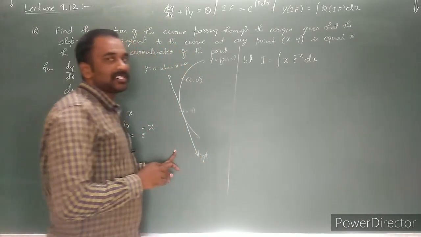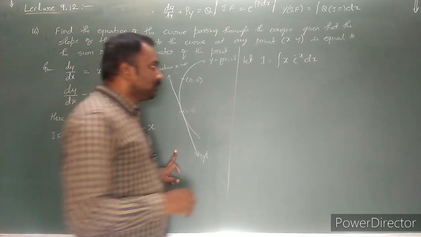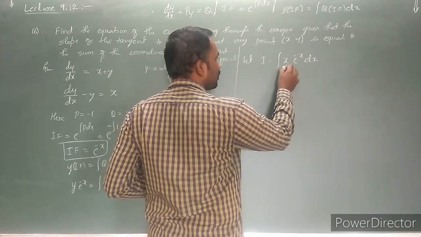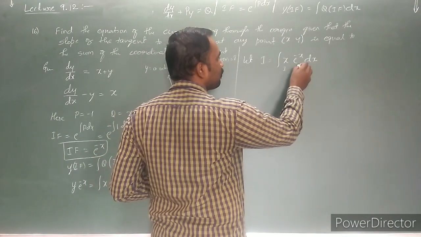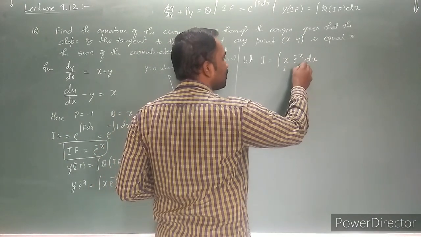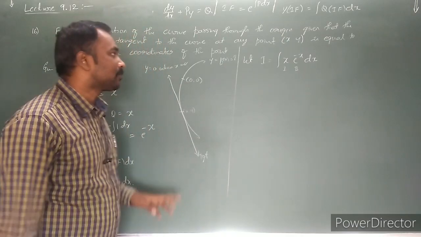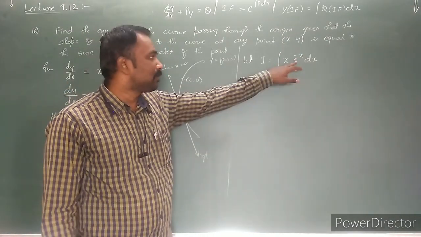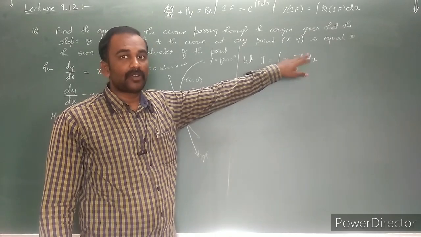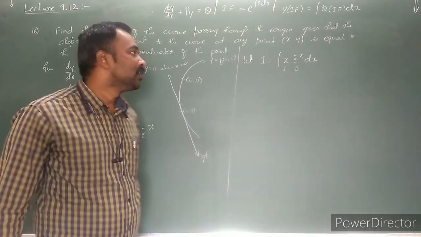What is the first function and what is the second? I take x as the algebraic function and e power minus x as the exponential function, the second function. Are you clear?